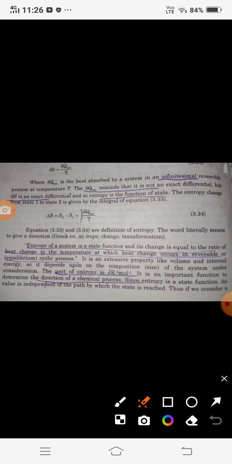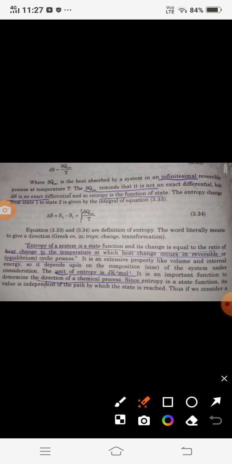The proper definition of entropy of a system is that it is a state function, because it does not depend upon the path, and its change is equal to the ratio of the heat change to the temperature at which the heat change occurs. It is reversible, because we are talking about the reversible or cyclic or Carnot cycle process.